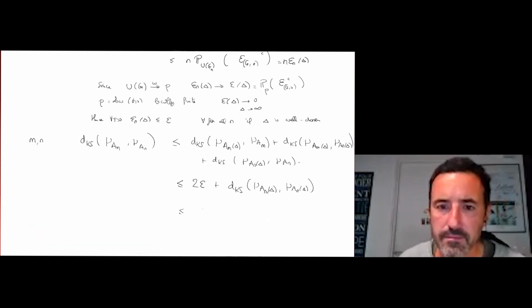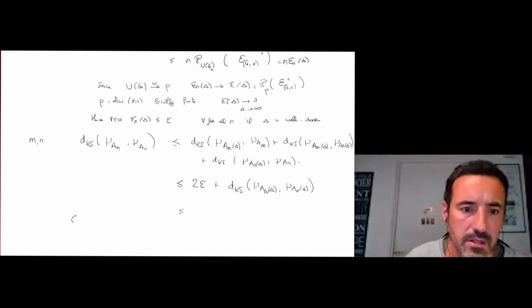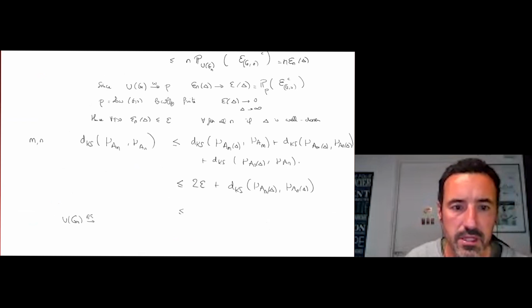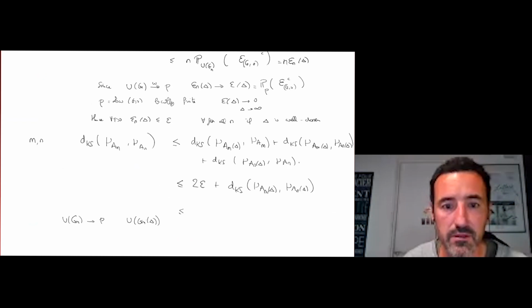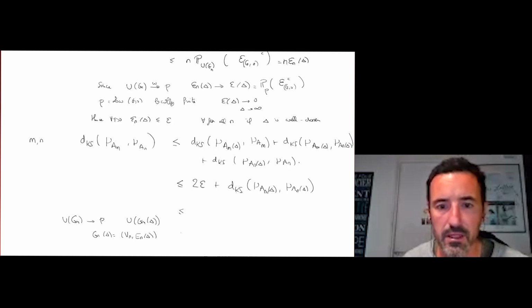So G_n converges in the Benjamini-Schramm sense to ρ. This implies that μ of G_n δ, which is a graph obtained by restricting, only keeping the vertices, where G_n δ is a graph with the same vertex set V_n and edge set E_n δ, where E belongs to E_n.